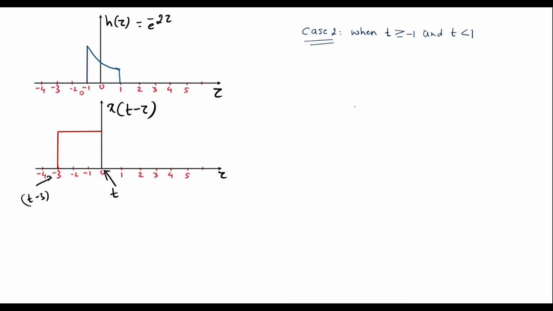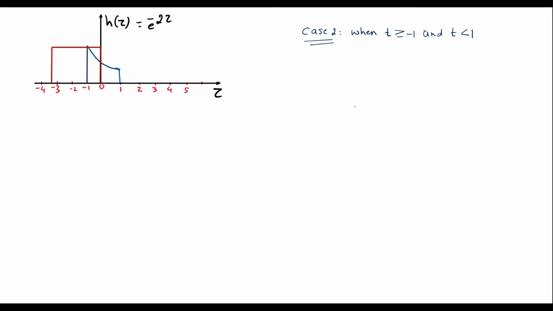Right now t is greater than minus 1 and it is less than 1. So here we can observe that from minus 1 to 0, there is an overlap between the h of tau signal and the x of t minus tau signal. I will show this by overlapping the x of t minus tau signal on the h of tau signal so that we can understand better.